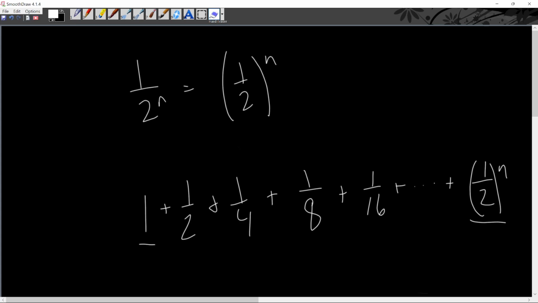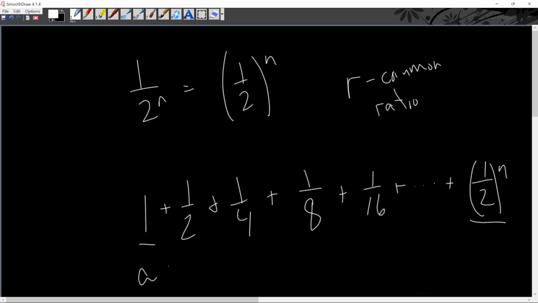And this is a geometric series because you have an a. We say that the a is the first term, right? And then we have an r, or a common ratio. And a common ratio is just exactly what it sounds like.